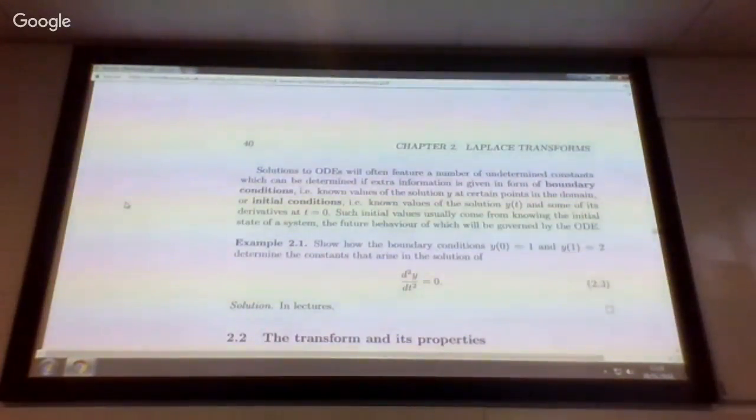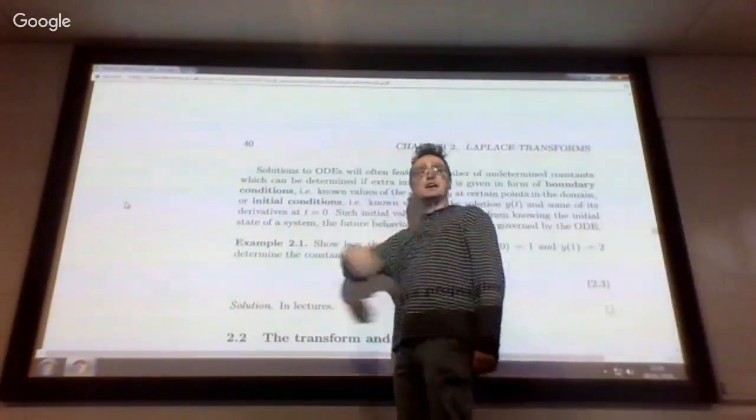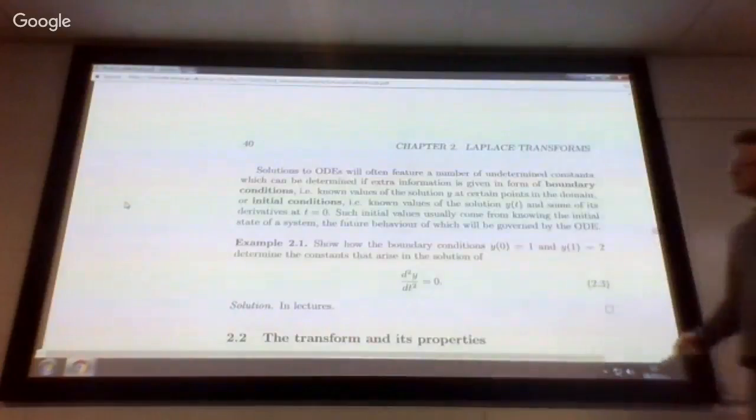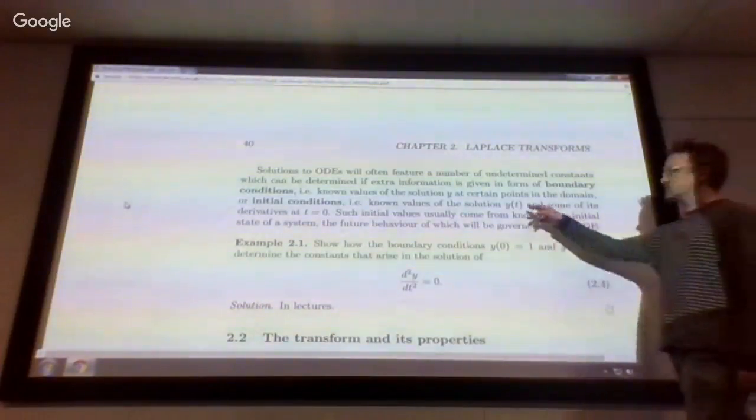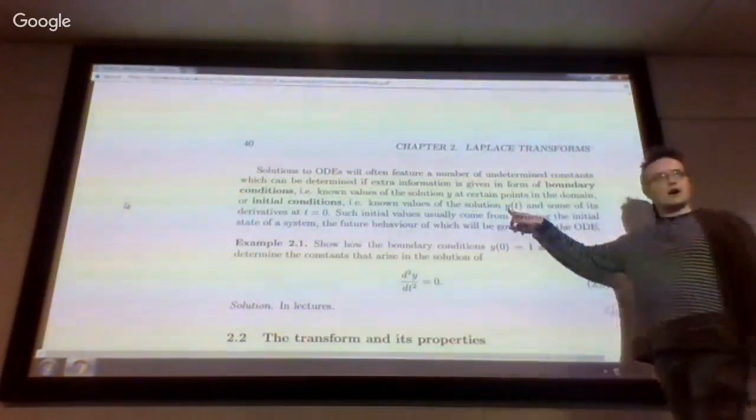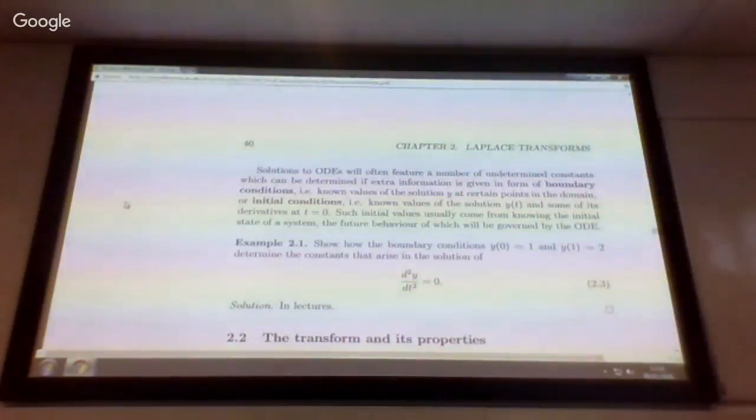Time runs forward from the present moment, so if you know what the state of y is at time 0, that's called the initial condition of the function. And there may be other initial conditions, not only about y, but also about some of its derivatives as well. Okay. So that's just some other terminology.